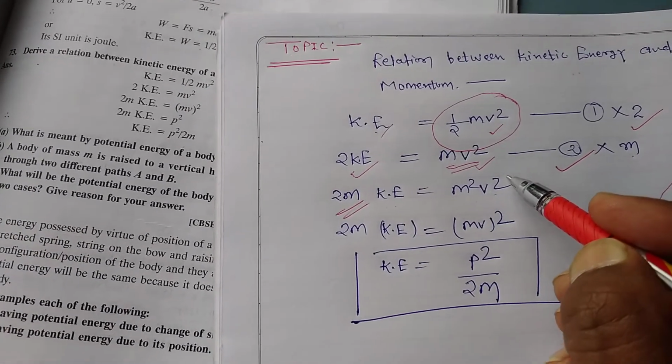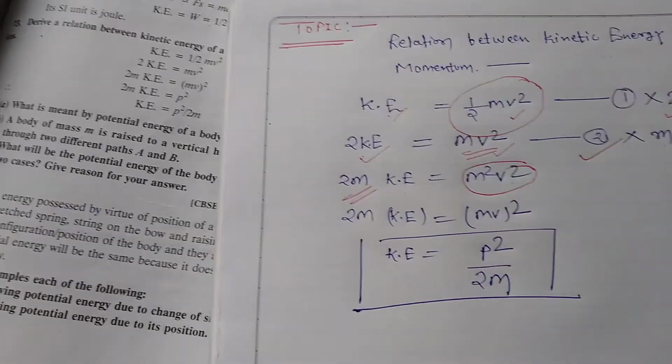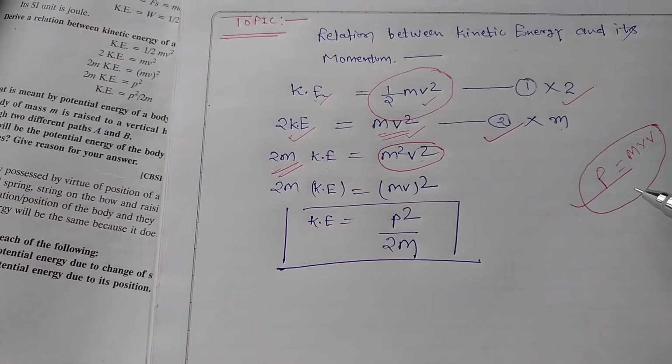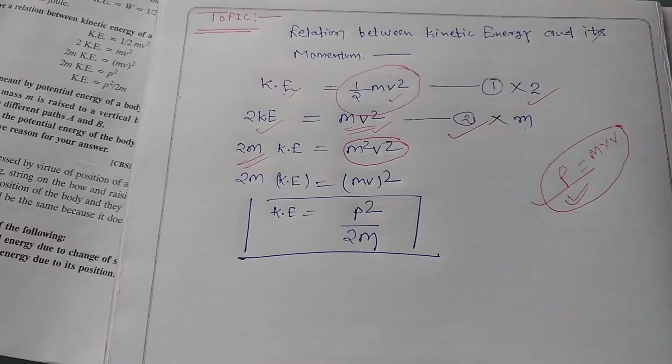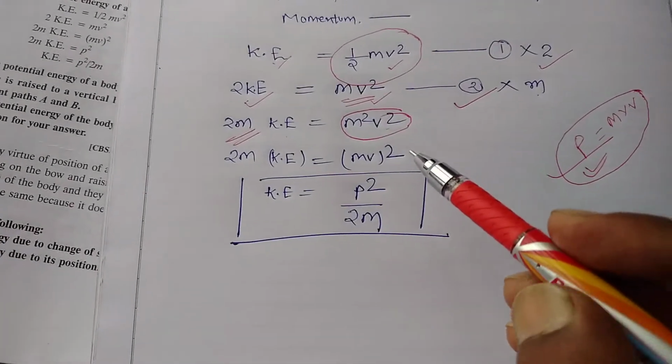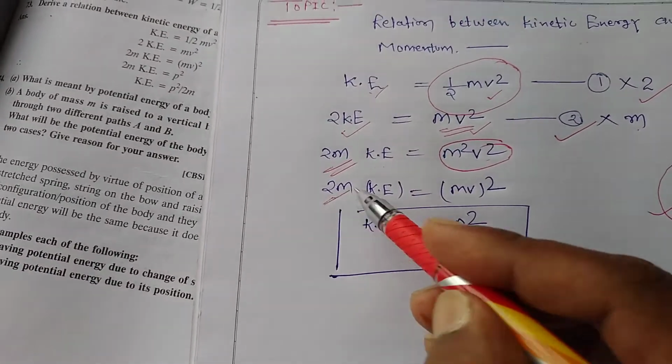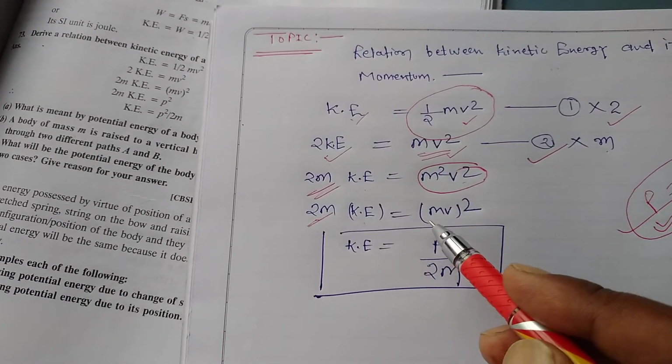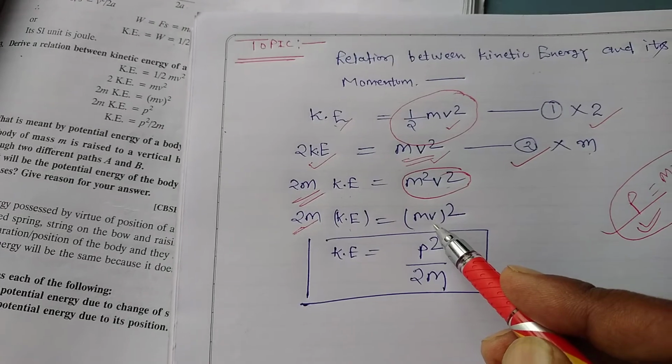Now my dear students, in place of mass square and velocity square, we can write p, since we know that momentum is the product of mass and velocity. Now we get 2m into kinetic energy is equal to m v of whole square.